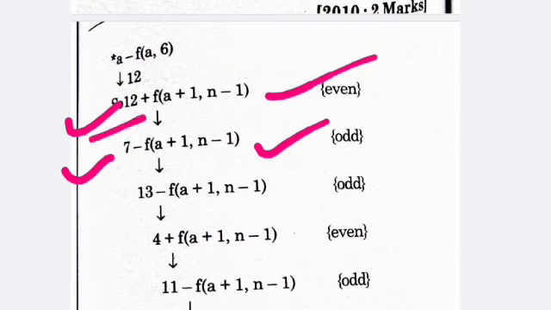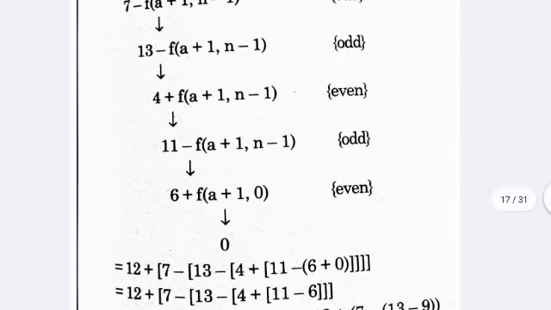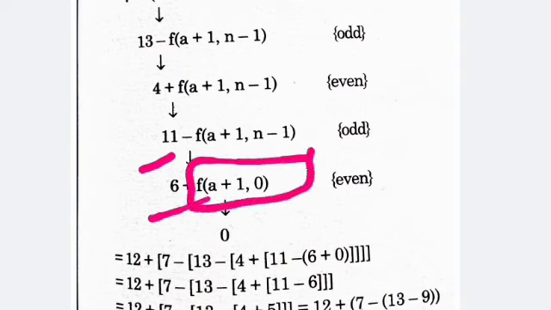Means 12 is even, 7 is odd, 13 is odd, 4 is even, 11 is odd. After solving all the expressions, 11 is odd and 6 is odd, and at the end we get f(a plus 1, 0), n equal to 0, which is even.